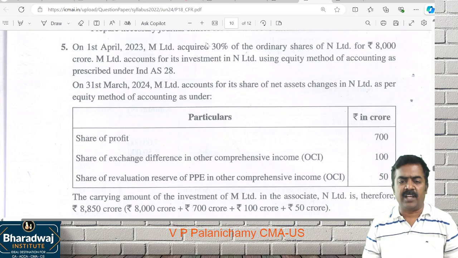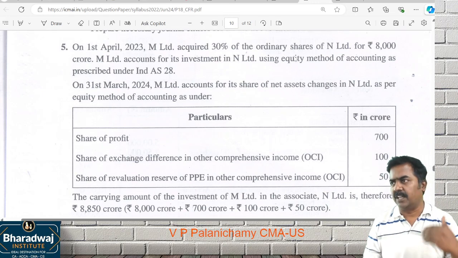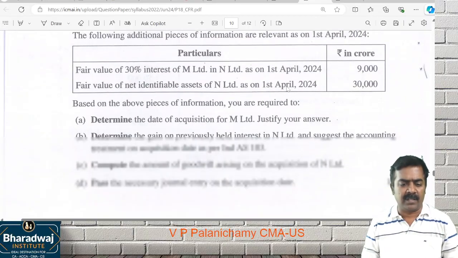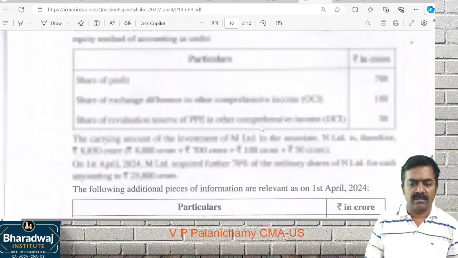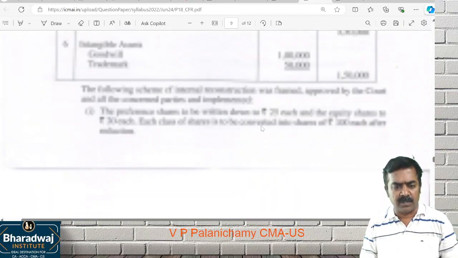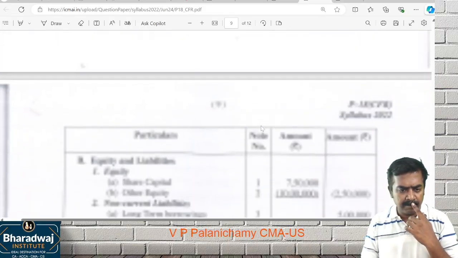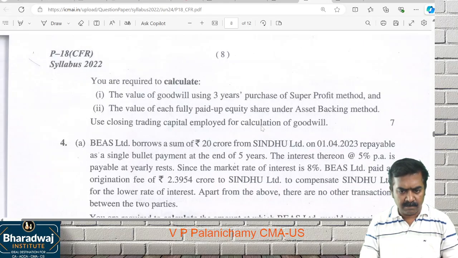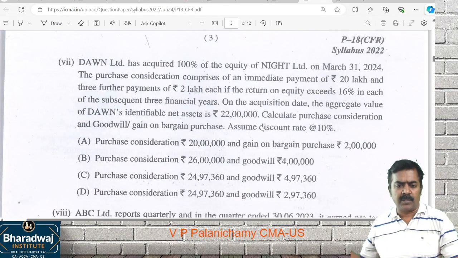This we can do only after learning the consolidated balance sheet. 30% step by step we'll acquire the company and we'll become a holding company. So how to find out the goodwill or gain on bargain purchase, we'll do that separately. I hope this is the only question that is tested.